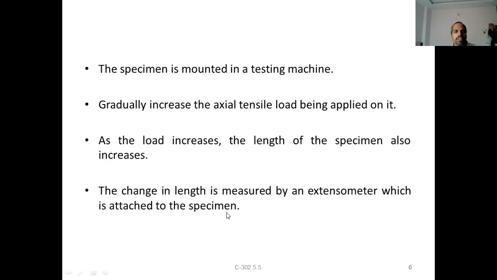That is the use of these extensometers. They measure the deformations, meaning how much the length changes because of the externally applied tensile load.